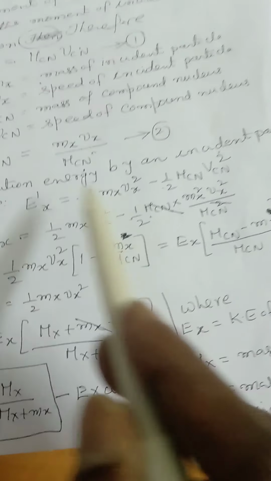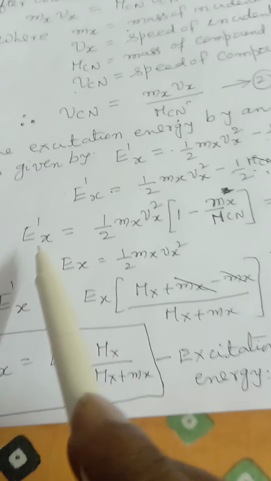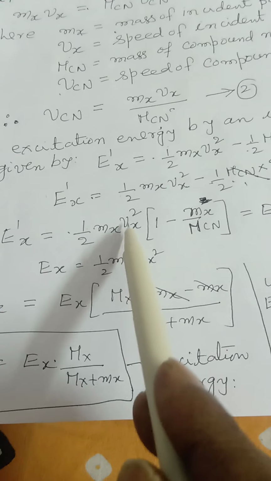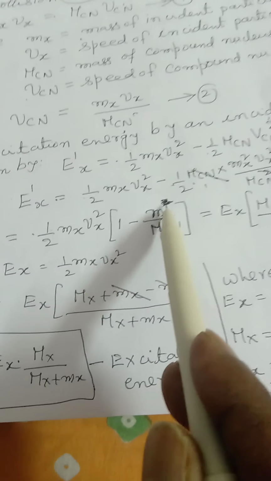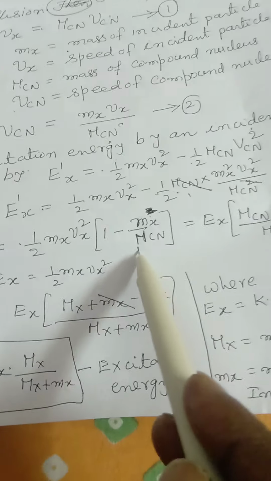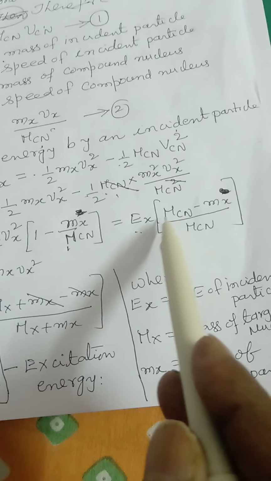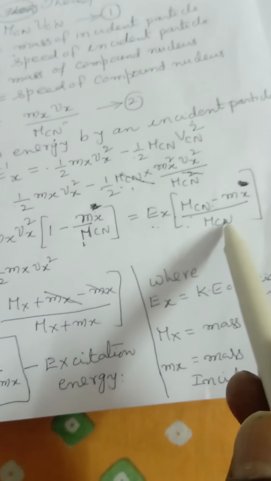Substituting the value of Vcn into this equation, we have E dash x is equal to half mx vx square into 1 minus mx by Mcn. That is equal to Ex into (Mcn minus mx) divided by Mcn.